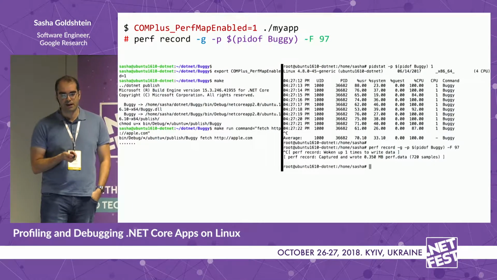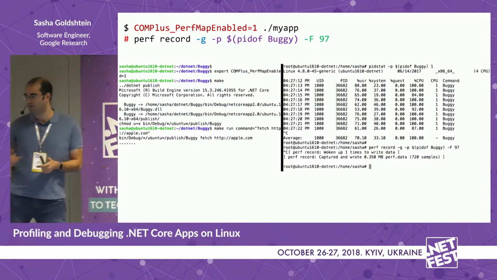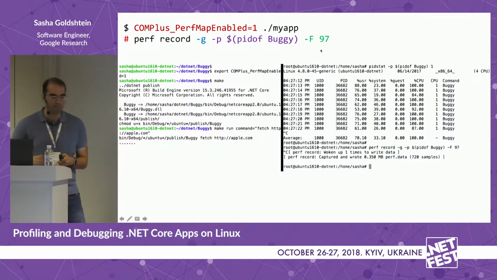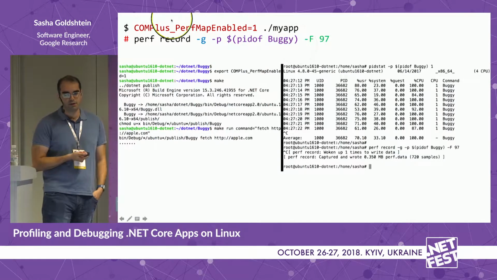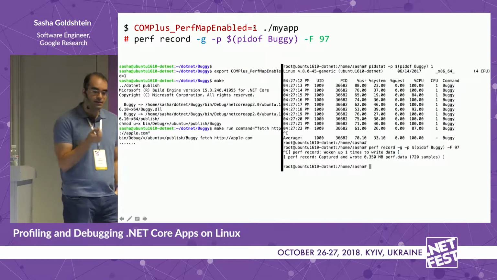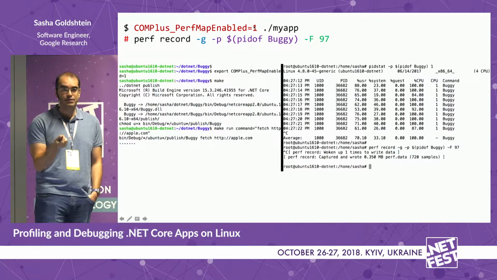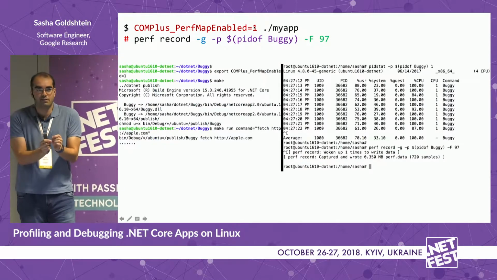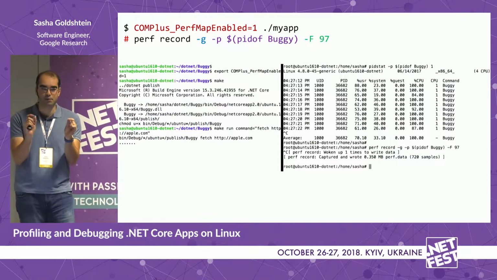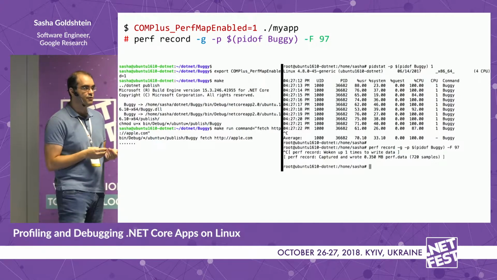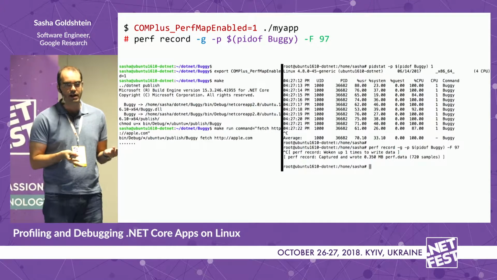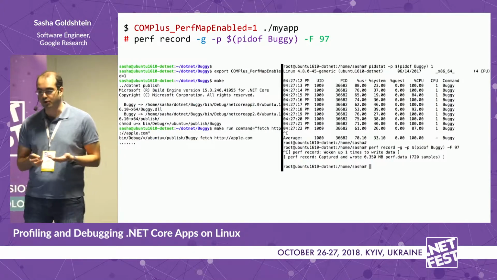So the first line here, which I've highlighted just to be a little more readable, runs my .NET application with this environment variable enabled. And this environment variable tells the .NET runtime to create these mapping files between addresses and function names. If you don't do that, you will not see any names in your profiler report.